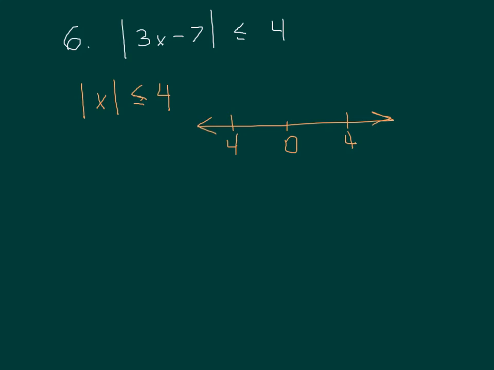So if your solution set is less than this distance, actually less than or equal to, then it is going to be contained in here because it is less than this distance.